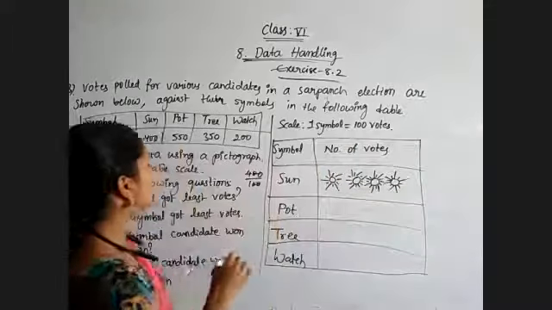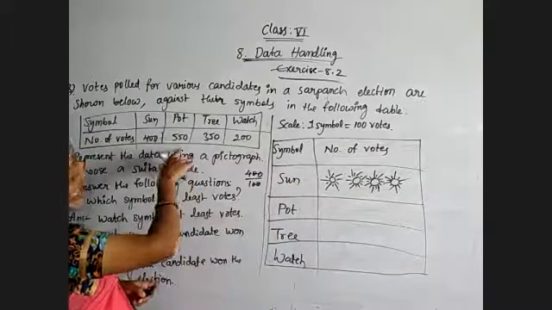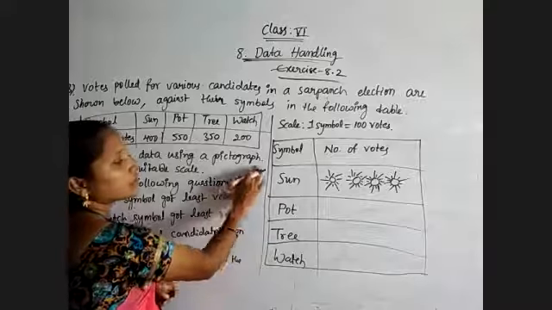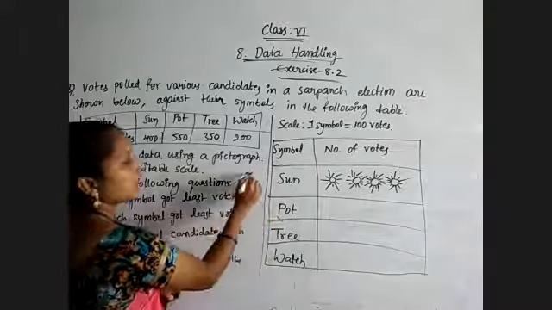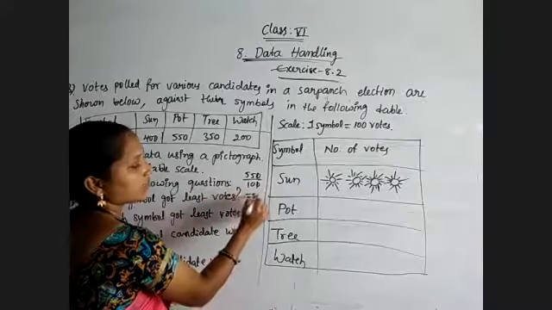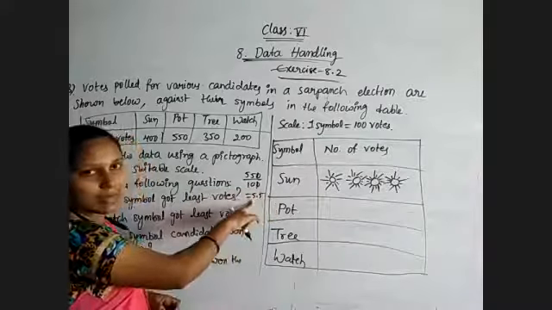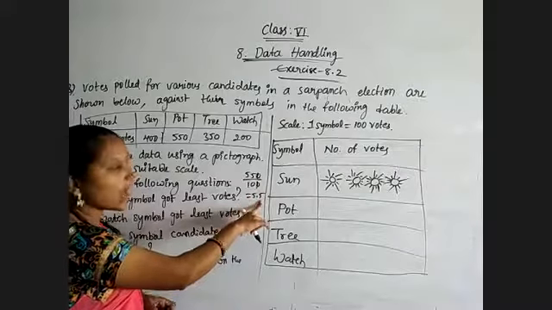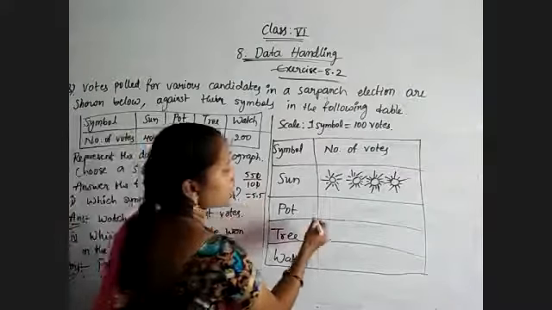Next, pot. Pot has 550. How many symbols do we need to represent pot? 550 by 100, zero gets cancelled, we get 5.5, meaning 5 symbols completely and the sixth symbol as half.